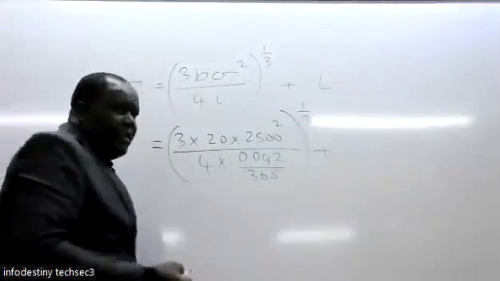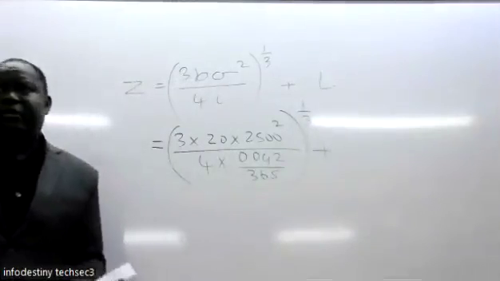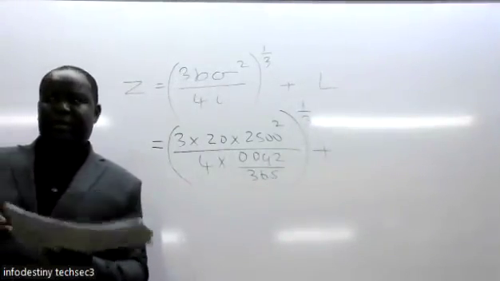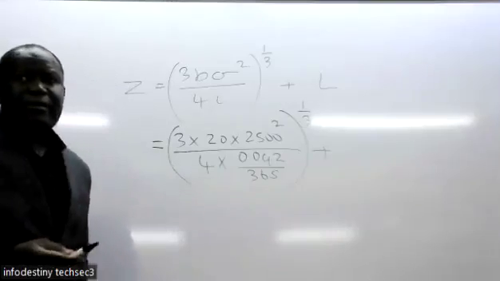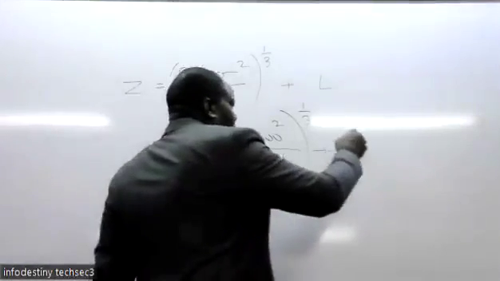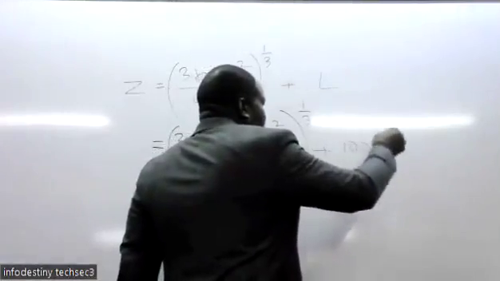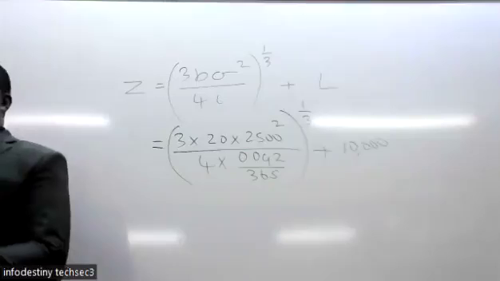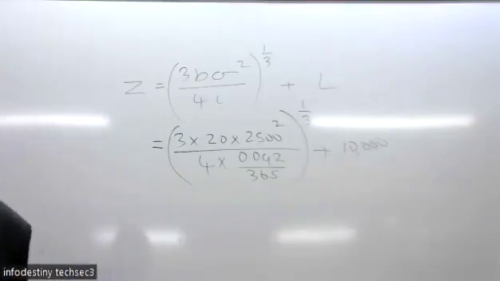Then we add the lower cash limit. Lower cash limit, you are given the minimum cash balance as 10,000. So get that figure. Come up with that portion.